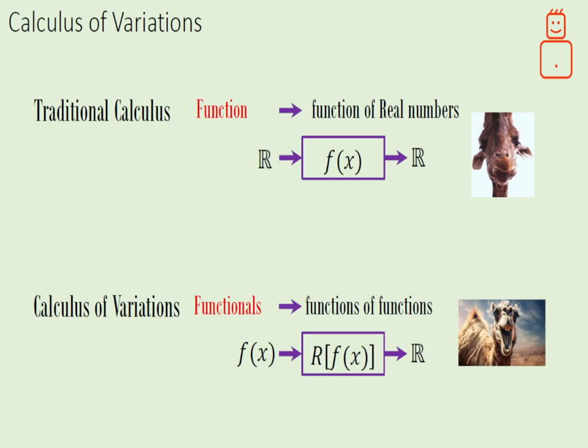Calculus of variations involves optimizing functionals, typically integrals, where the goal is to find the function that either maximizes or minimizes the integral's value. One notable difference between traditional calculus and calculus of variations is that in traditional calculus, derivatives deal with small changes in variables, whereas in calculus of variations, variations or changes occur in entire functions.